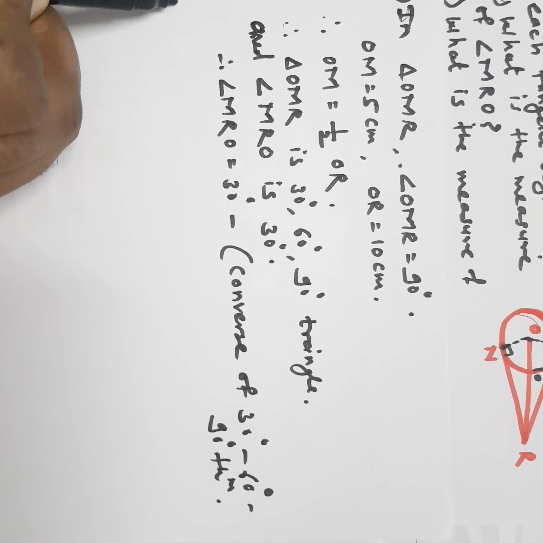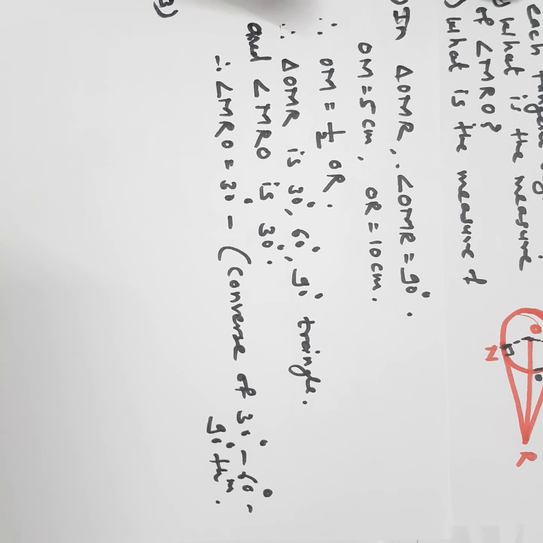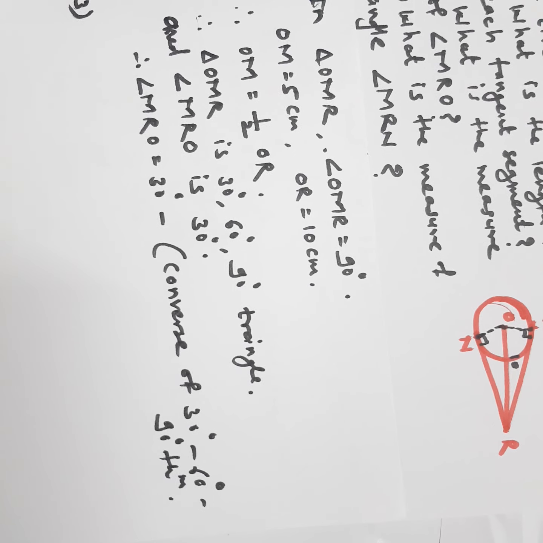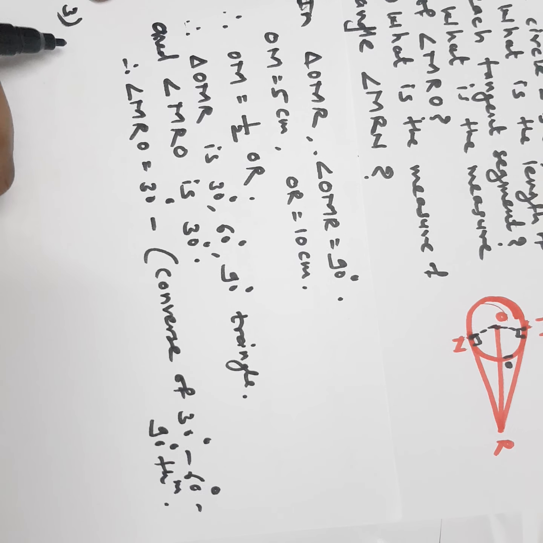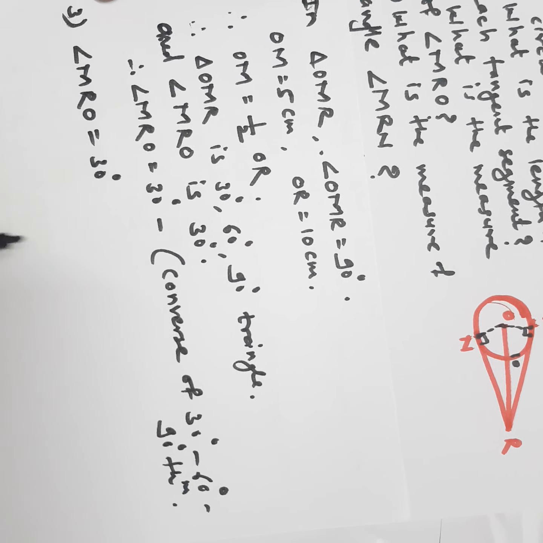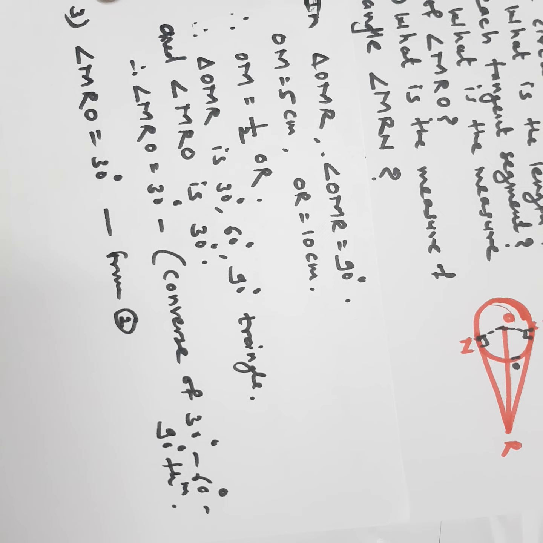Now the third thing we have to find is the measure of angle MRN. Angle MRO is equal to 30 degree from above.